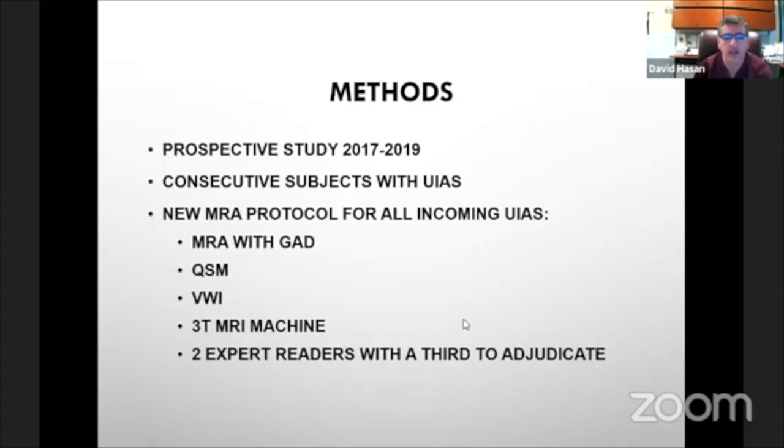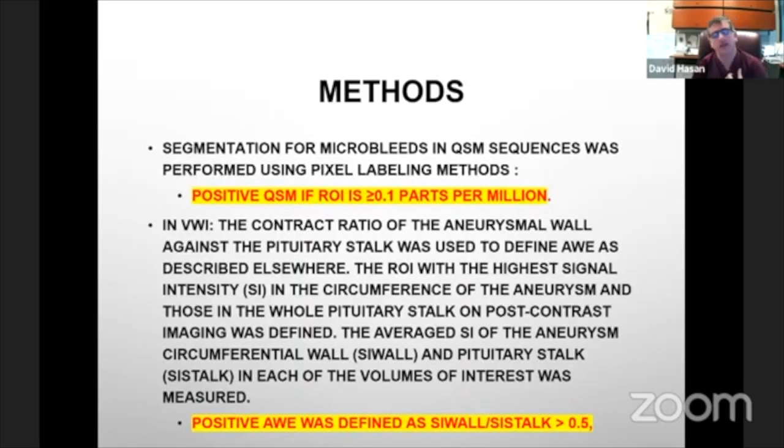All our patients, irrespective of whether they are ruptured or unruptured, have this protocol: MRA with gadolinium, QSM, vessel wall imaging. We use a 3T machine, and we have 2 neuroradiologists help with adjudication. This protocol takes about 30 minutes.